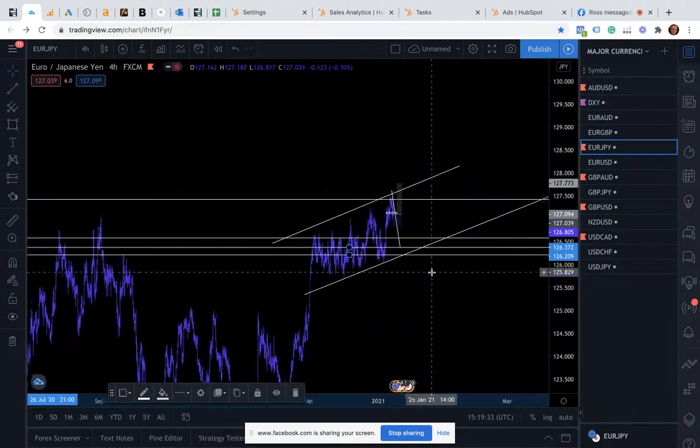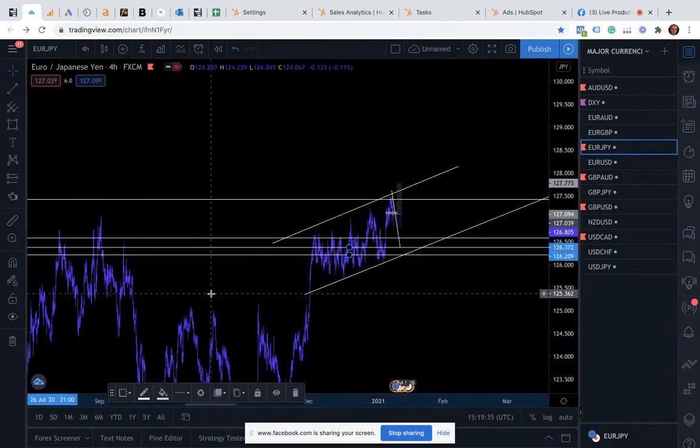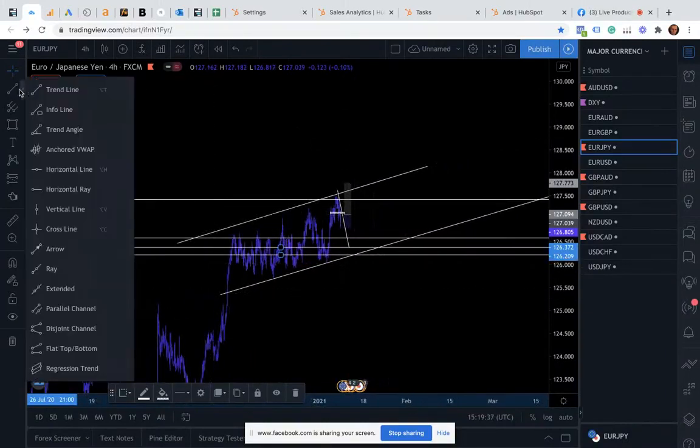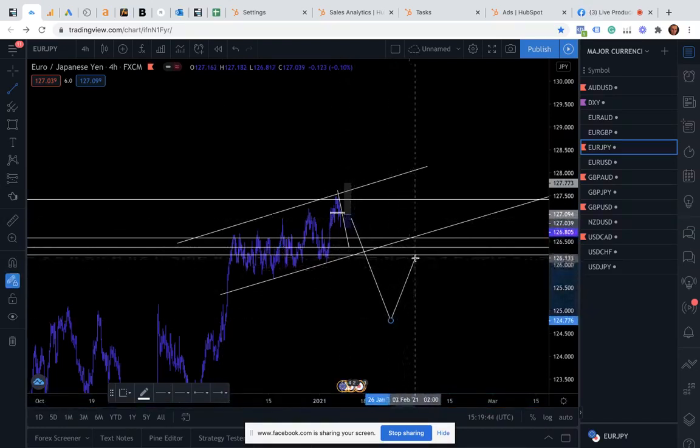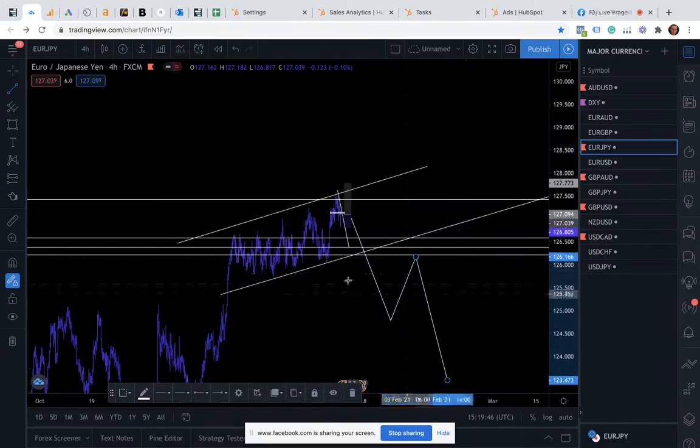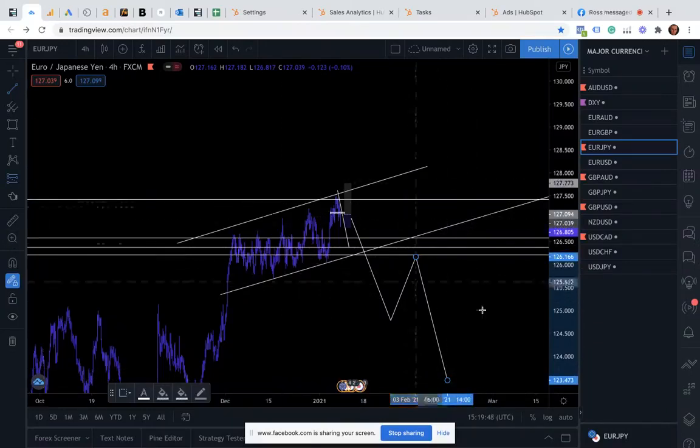way. And then if it did break this level here, that's been respected, and we got something like maybe even like a break and retest, we would probably be looking for a retest of this zone here, and then maybe another position would look something like this.